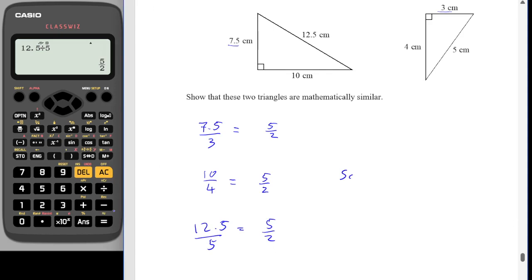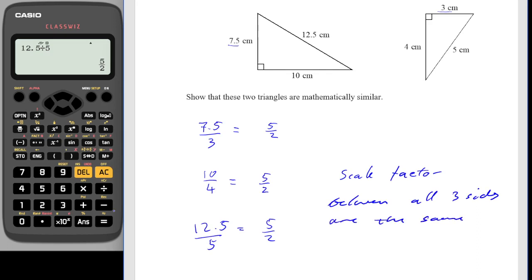So the scale factor between all 3 sides are the same. So it must be similar.